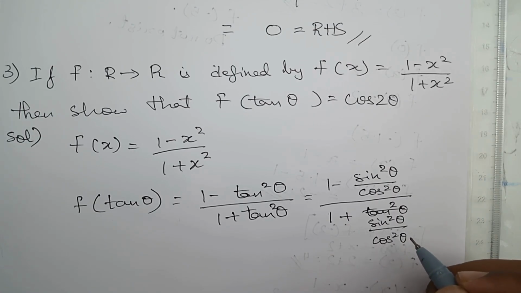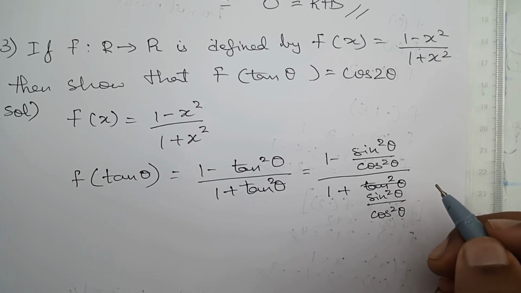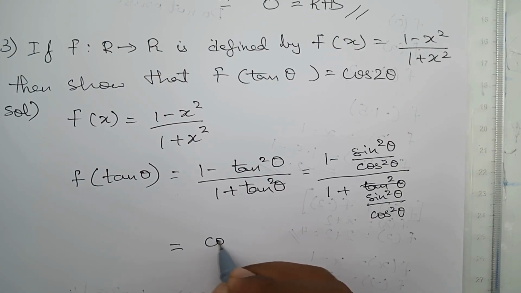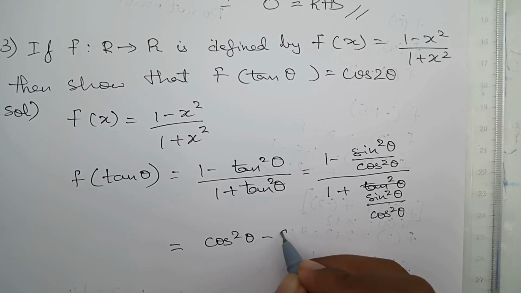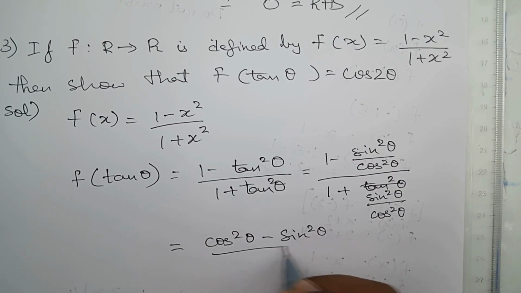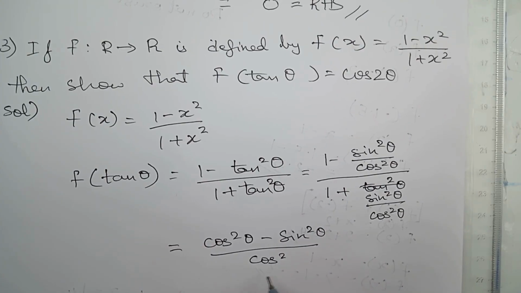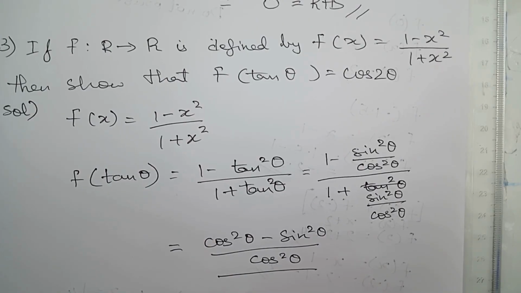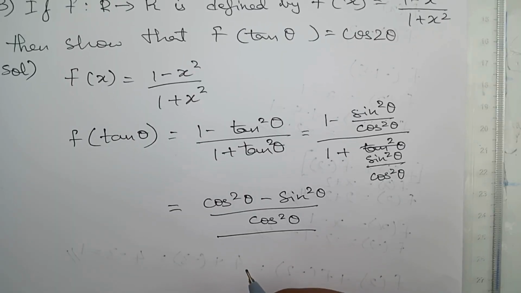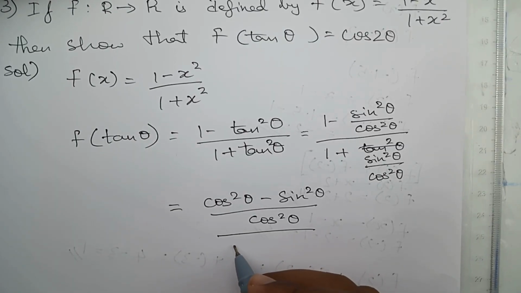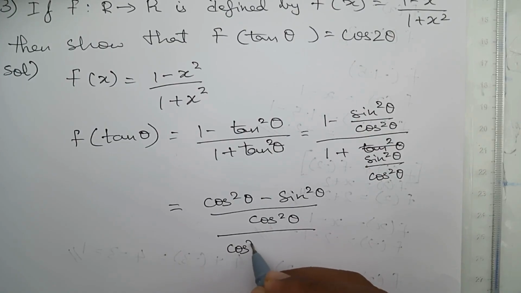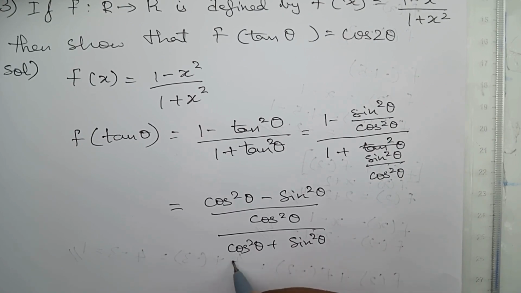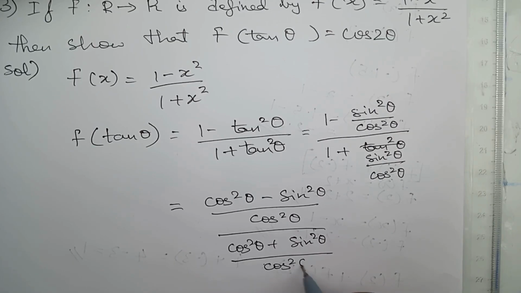Okay, we will take the LCM now. LCM for this is cos square theta minus sine square theta by cos square theta, and then again 1 plus, now here 1 plus means cos square theta plus sine square theta by cos square theta.